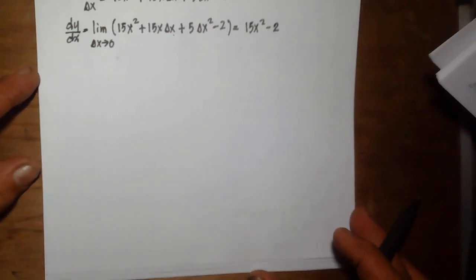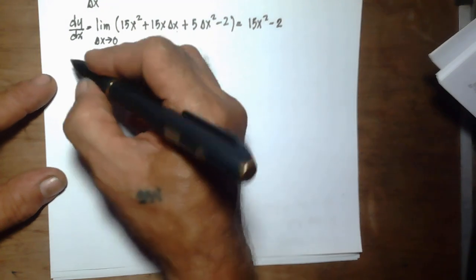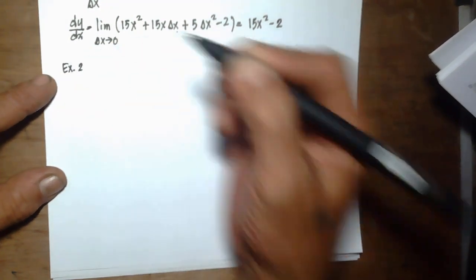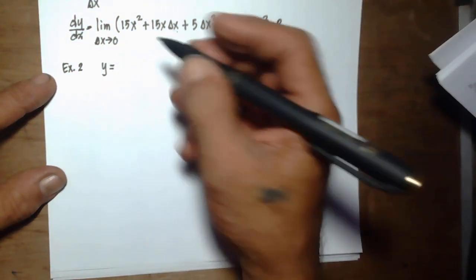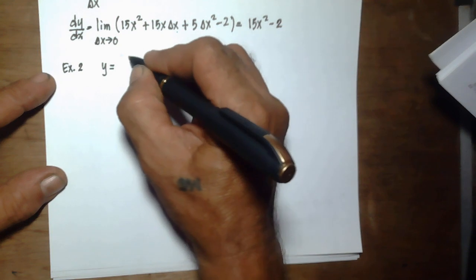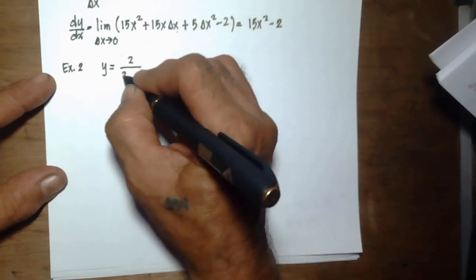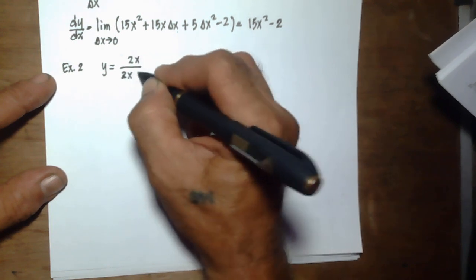Now we have another example. Example number 2. y is equal to 2x over 2x plus 1.